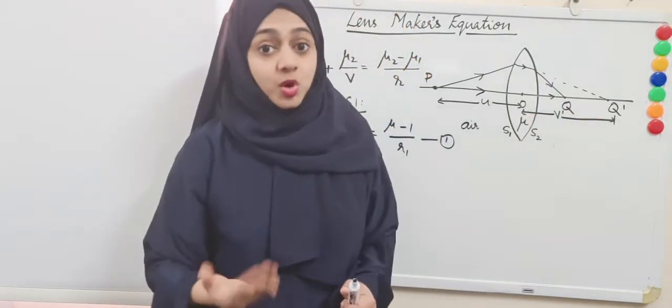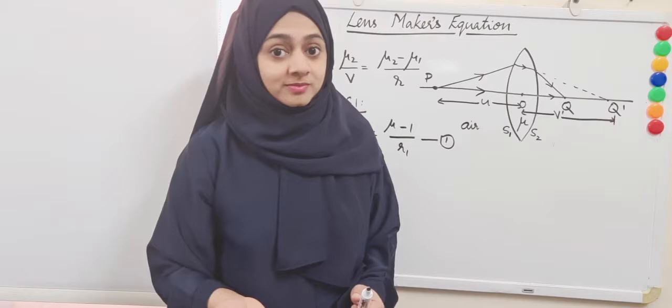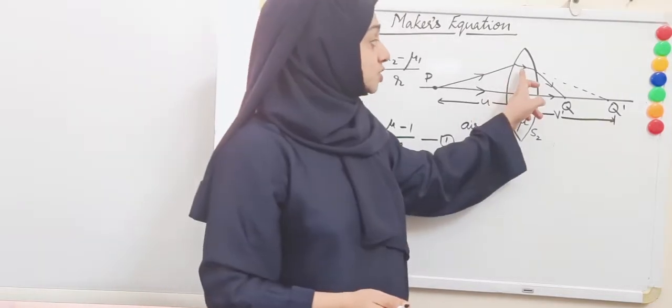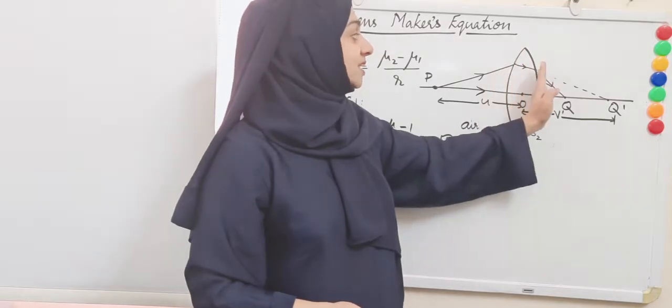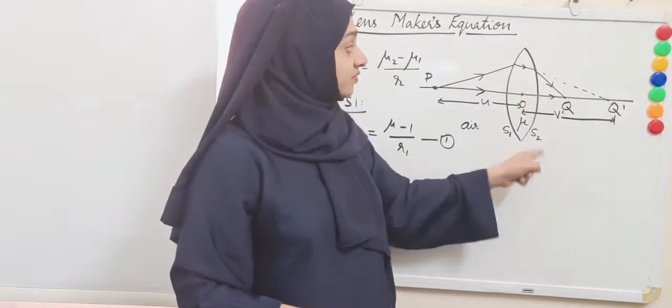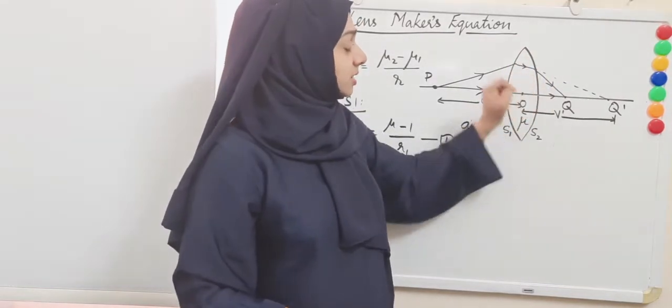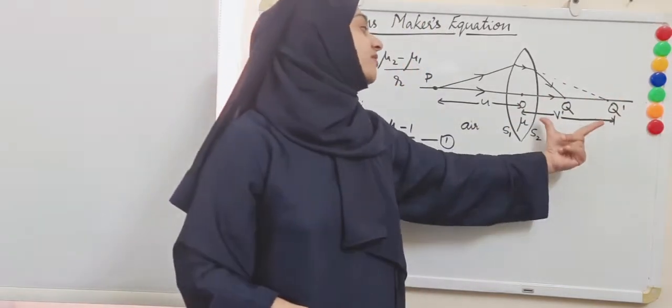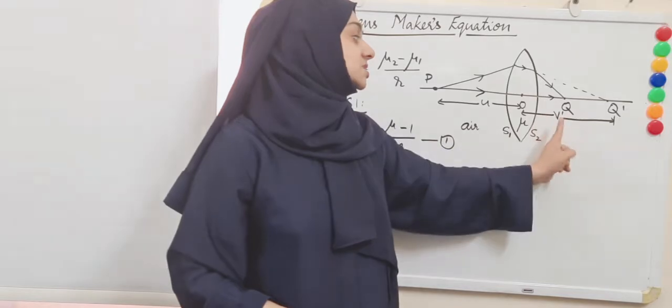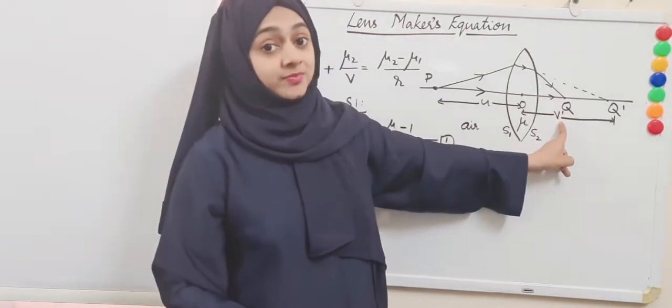Now, will it be positive or negative? It is not on the side from where the light is incident. For this refraction, light is incident from here, but the object is on the other side. So, we have to consider the object distance as minus V prime.